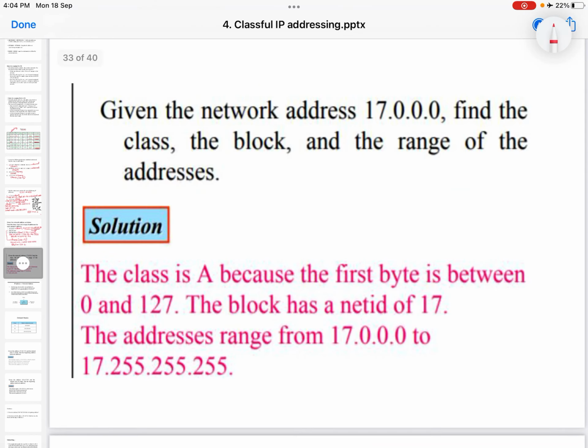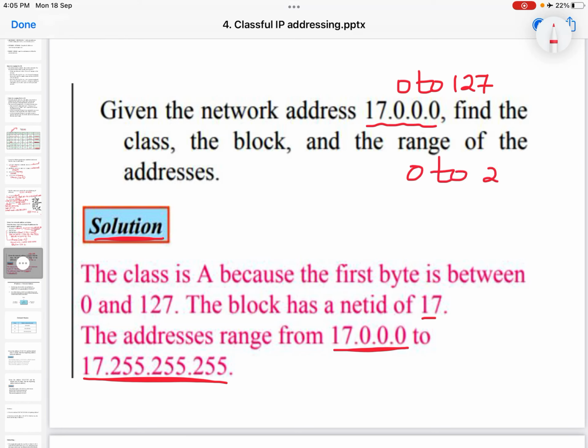So given a network 17.0.0.0, find the class, the block and the range of address. So how to write the solution? The class is A because the first byte is between 0 and 127. 17 lies between 0 to 127. So we say class is A. The block has a net ID of 17, and the address range is from, the starting address is 0 and the last address is 255.